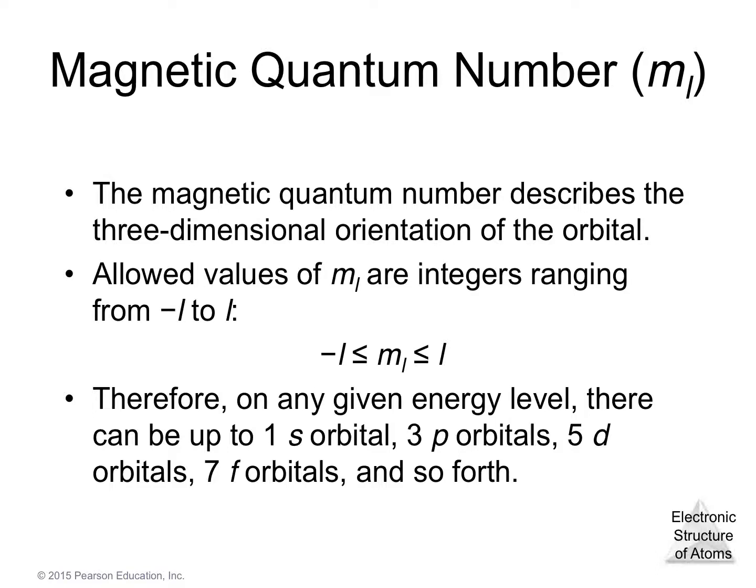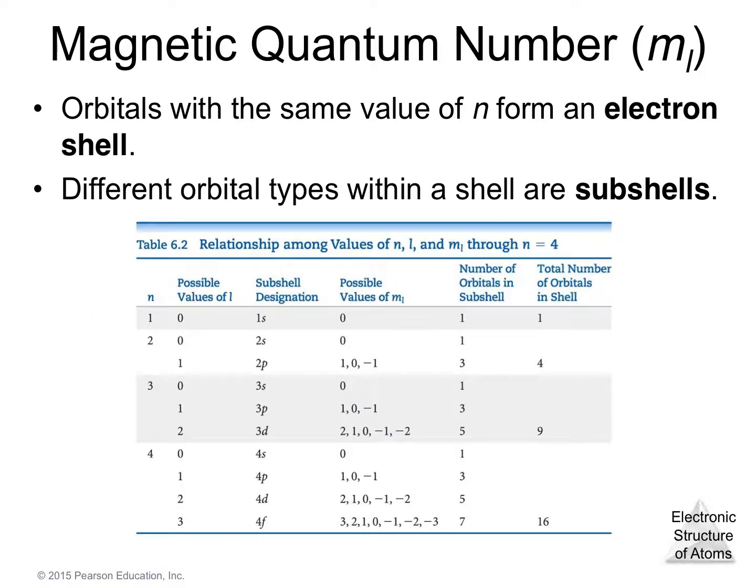For any energy level, there can be 1 s orbital, 3 p orbitals, 5 d orbitals, or 7 f orbitals. Let's look at some examples for this. If you take for example the first energy level, n equals 1 is your principal quantum number. Your second quantum number, the angular momentum quantum number, was represented by L, and it can have values that go up to n minus 1.